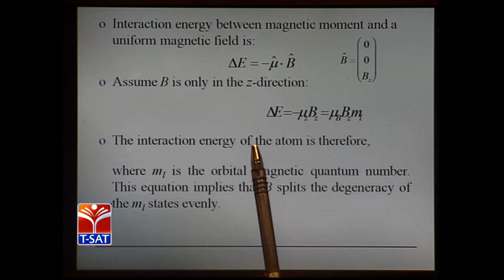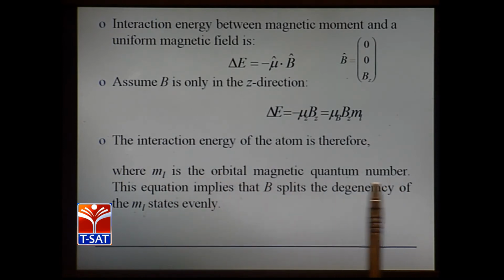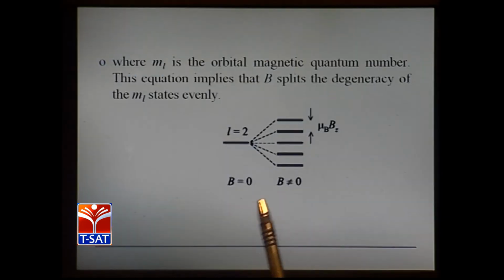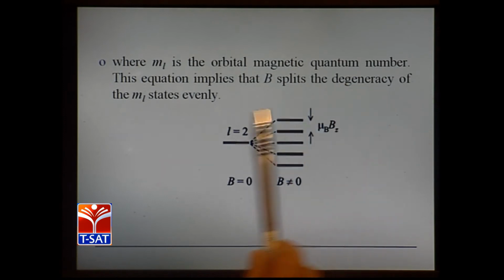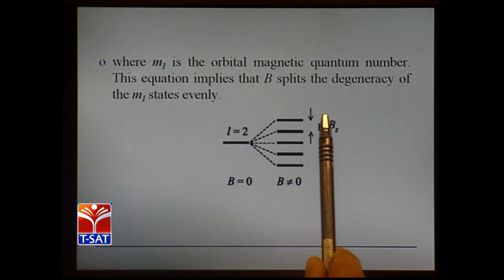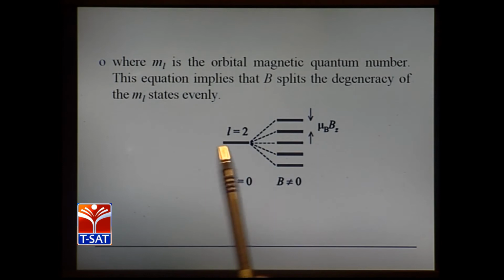The interaction energy of the atom will involve ml, the orbital magnetic quantum number, in the equation. That is, B will split the degeneracy into two or more states of ml. Now, you find this ml splitting on the monitor, where ml is the orbital magnetic quantum number. This equation implies that B splits the degeneracy into this.